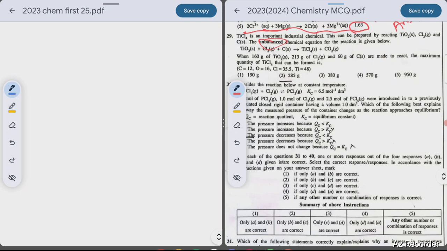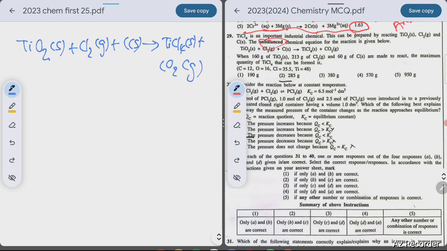Right, first we have to balance this chemical equation. TiO2 solid plus Cl2 gas plus carbon solid gives TiCl4 plus carbon dioxide gas.